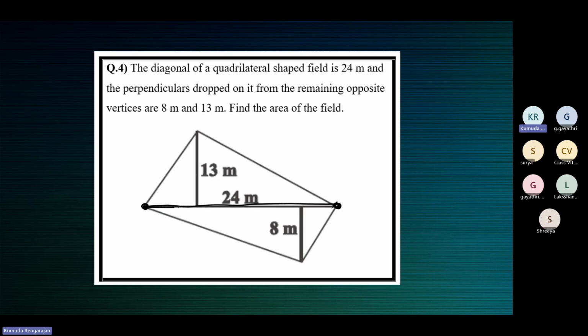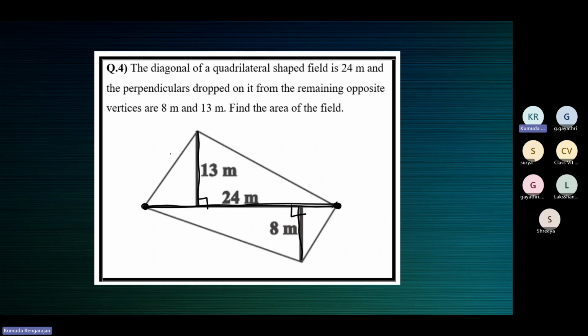The line segment connecting the opposite vertices is the diagonal. That's 24. And the perpendiculars are dropped on it. See, this is one perpendicular dropped on the diagonal, and this is the other perpendicular dropped on the diagonal.